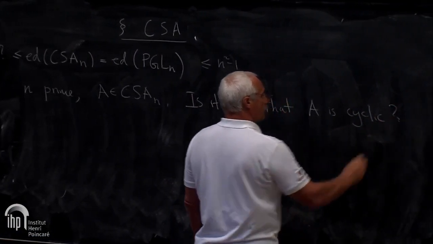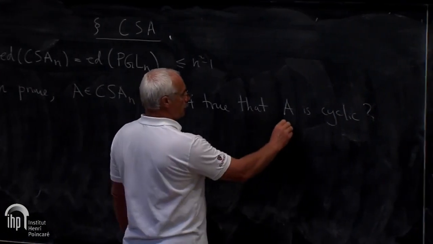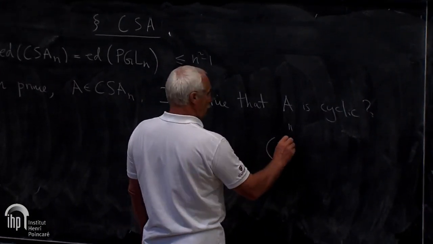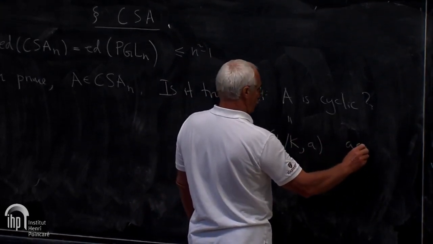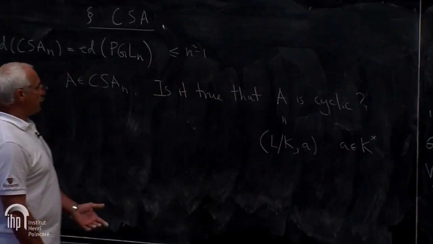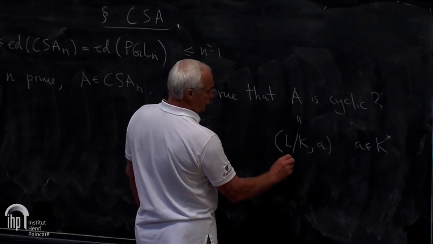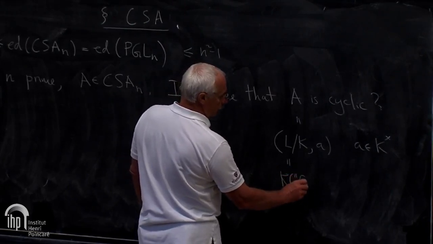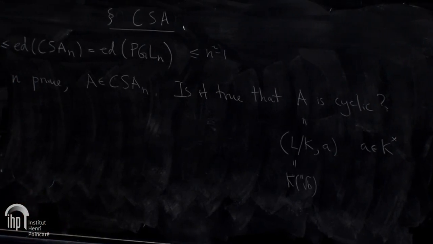So a cyclic algebra is given by a cyclic extension L over the base field and some element in the base field. In the case when the roots of unity of degree n are in the field, the cyclic extension is also given by one parameter, a, and a root of b. So we need just the two parameters a and b to give a cyclic algebra.